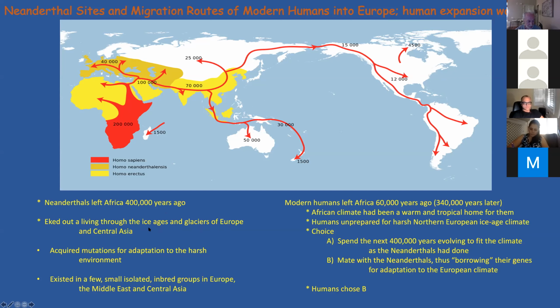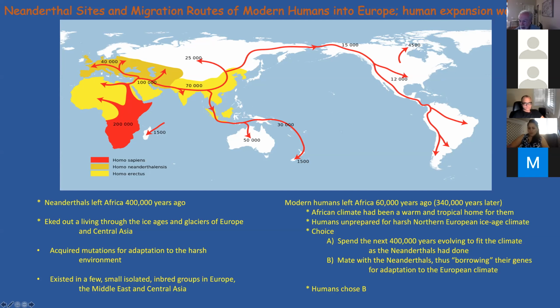And these poor people from Africa, not people, poor Neanderthals, were trying to survive. And in doing so, they acquired mutations for adaptation to the harsh environment. So they evolved. They existed in just a few isolated communities in Europe, Middle East, and Central Asia.